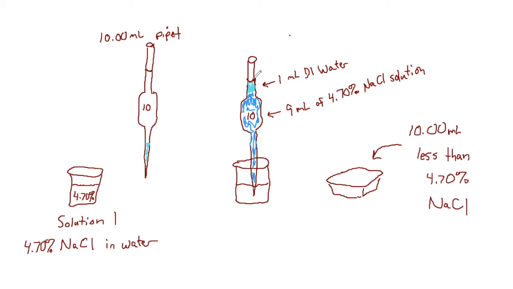So let's say that you go up to the 10.00 milliliter line, but one of those milliliters is DI water and the other 9 are the solution 1, the 4.70 mass percent sodium chloride solution. So then when you put that 10.00 milliliters into your weigh boat, you still have 10.00 milliliters, but the concentration of that solution is less than 4.70% sodium chloride because it's been diluted with some DI water. In this case, an extreme amount, perhaps, of DI water.